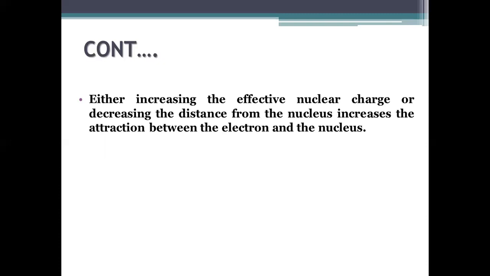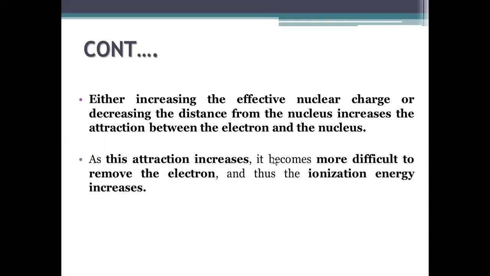This is what I already said. Either increasing the effective nuclear charge or decreasing the distance from the nucleus increases the attraction between the electron and the nucleus. As the attraction increases, it becomes more difficult to remove an electron, and thus the ionization energy increases.